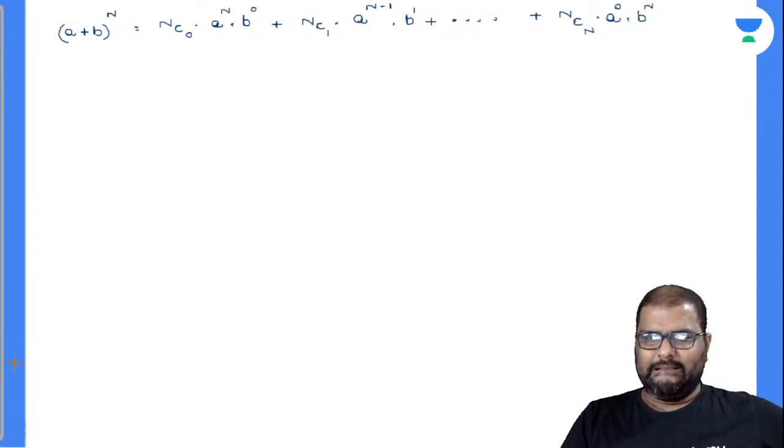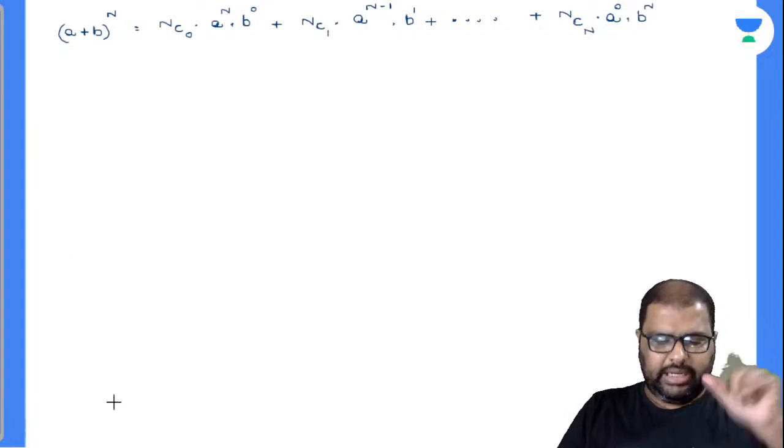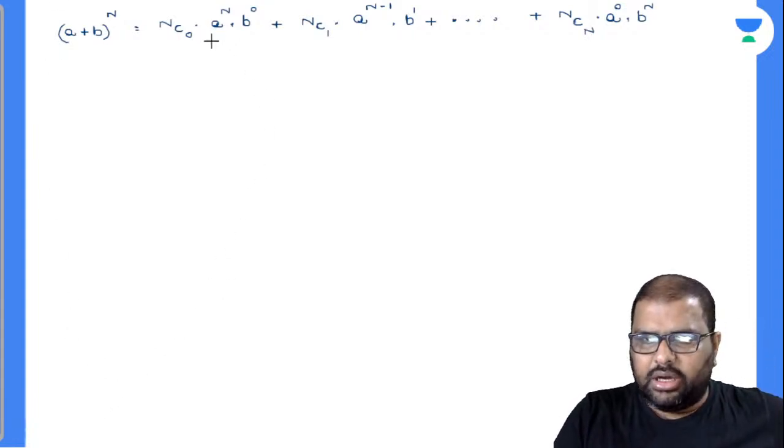Done. Now closely observe that in the binomial theorem we see two different types of variables. One is alphabetical variables a, b, and one is numerical variables nC0, nC1. All these are numerical variables there.